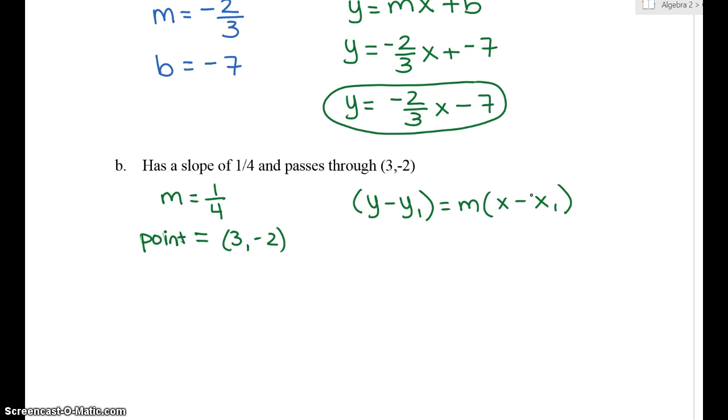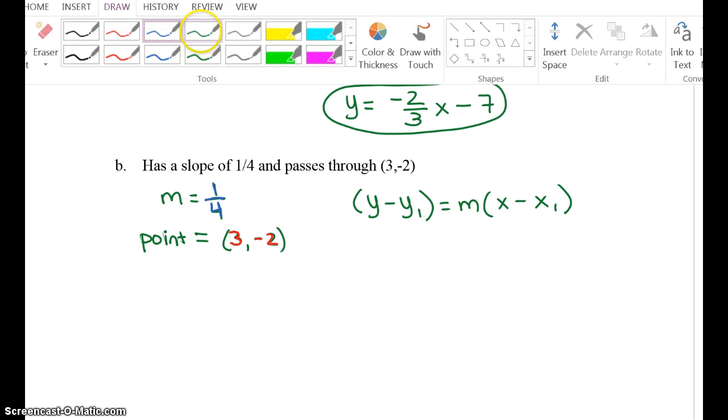Alright, so this is our point-slope form, and now we get to substitute in values. I'm going to actually show you so that you can see it. I'm going to change these values really quick to 3 and negative 2. The slope is the easy one, but let's change that one too. So let's make this blue. Alright, so you can see where they go.